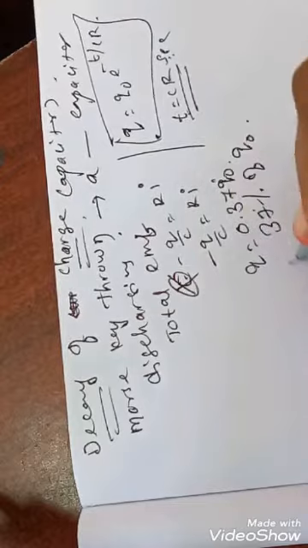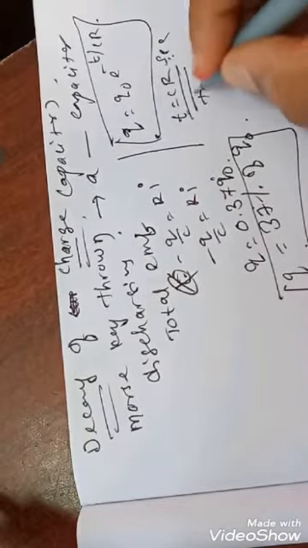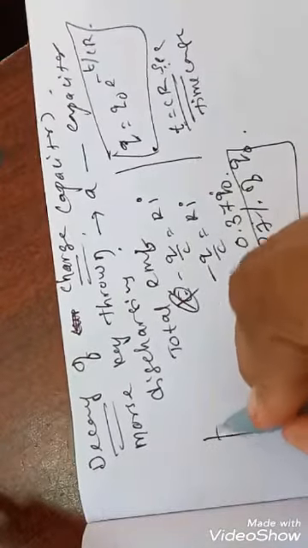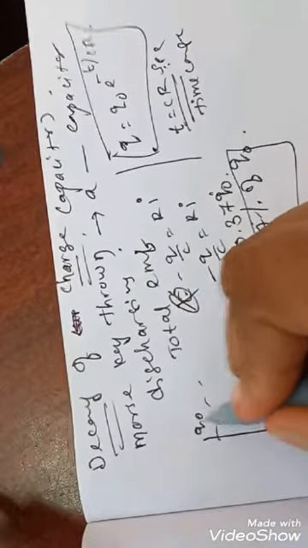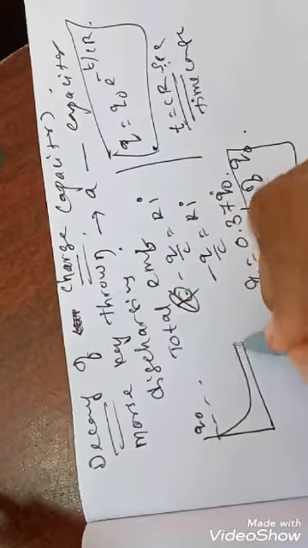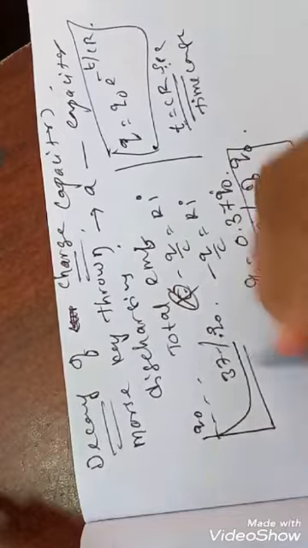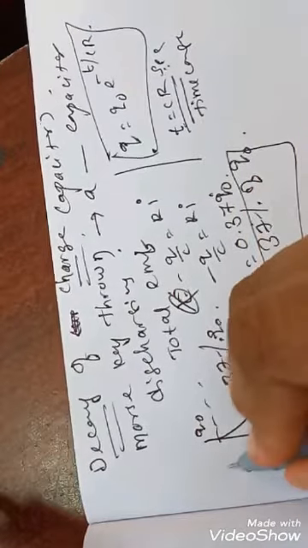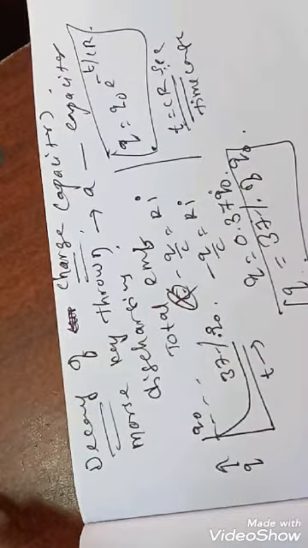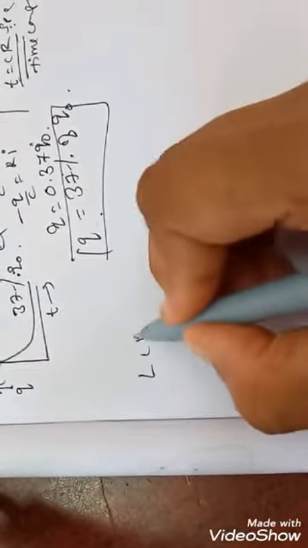The time to decay to 37% of maximum charge Q naught, we call it the time constant. And if we draw the graph of charge against time, from maximum charge it is decaying to 37% of maximum charge.